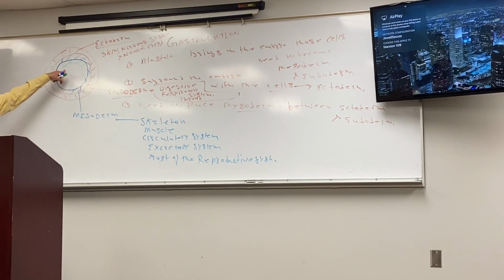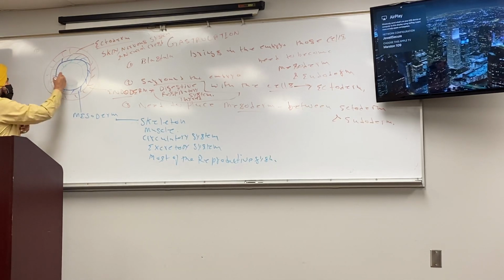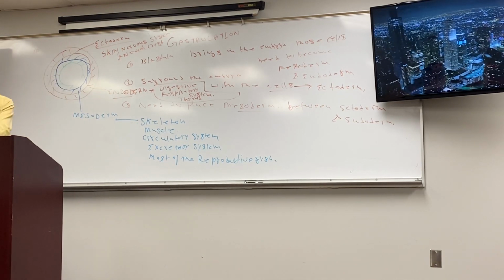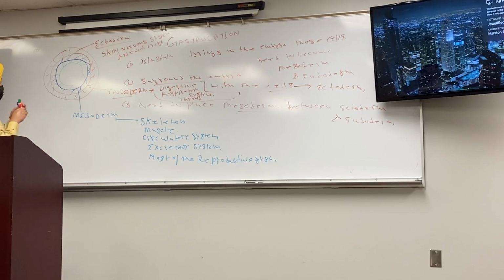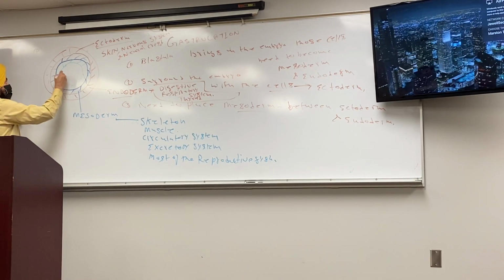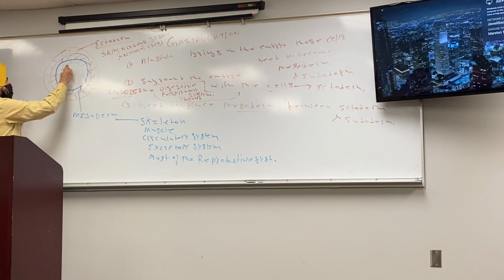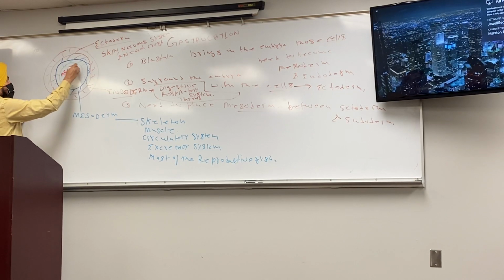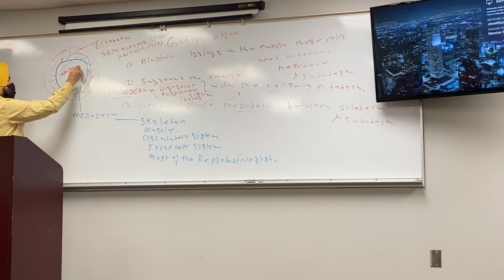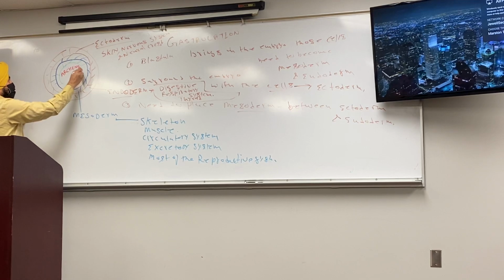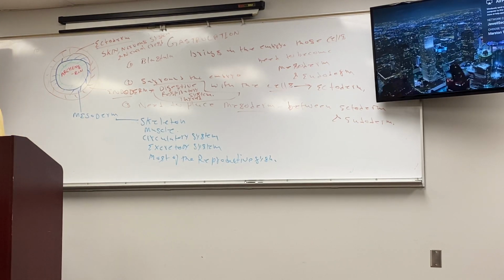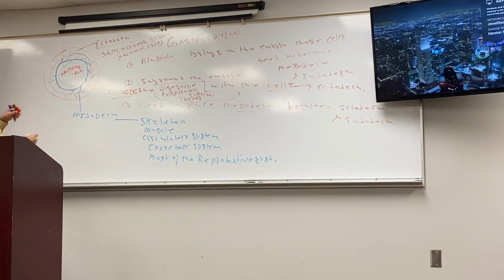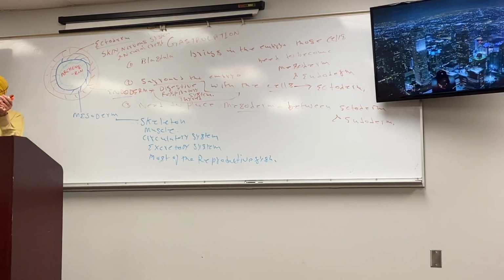Now this cavity that is there is called the archenteron. This is called archenteron. Okay, now, this is the gastrula we are going to get, okay?